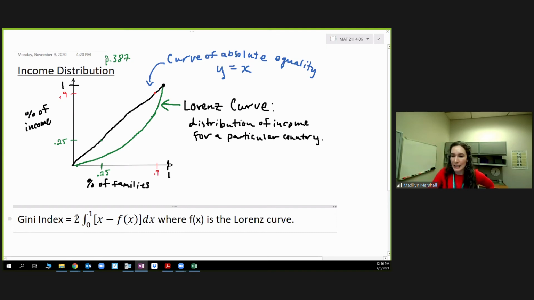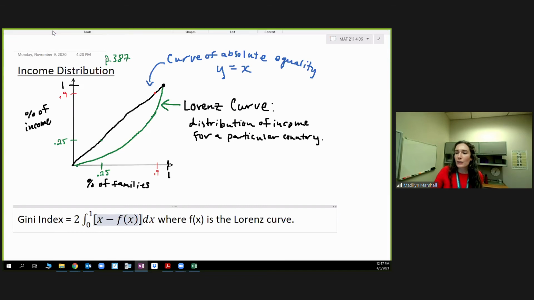So the Gini index is this integral. It's 2 times the integral from 0 to 1 of x minus f of x dx, where f of x is the Lorenz curve. The Lorenz curve is this bottom curve that's coming down and showing how income is actually distributed. The x in front is our curve of absolute equality.